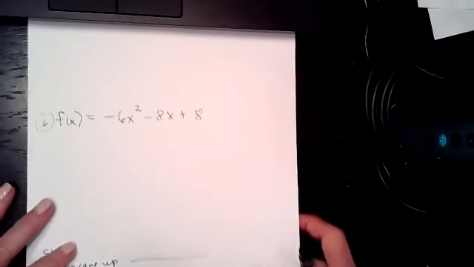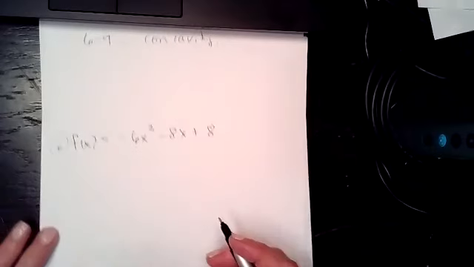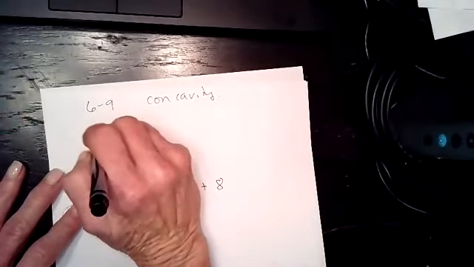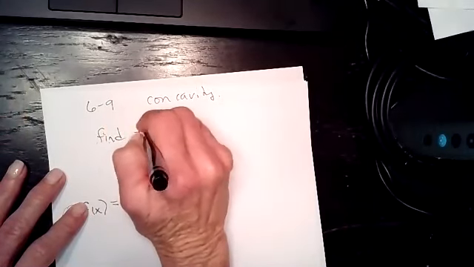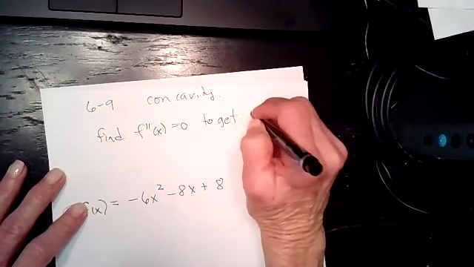Okay, with that in mind, let's look at problem number 6, which is concavity. If you're finding concavity, you find f double prime of x and set it equal to 0 to get your hypercritical value.